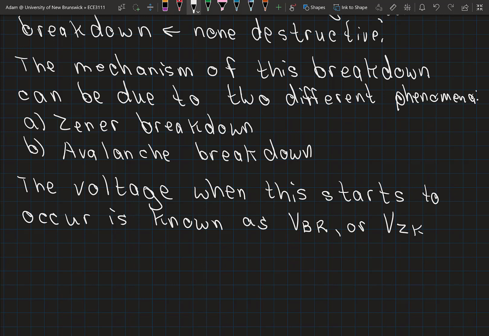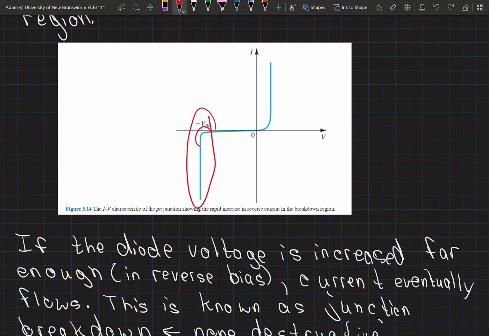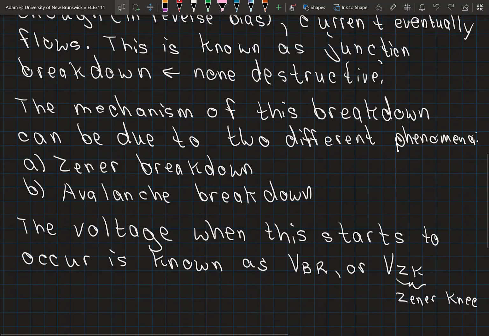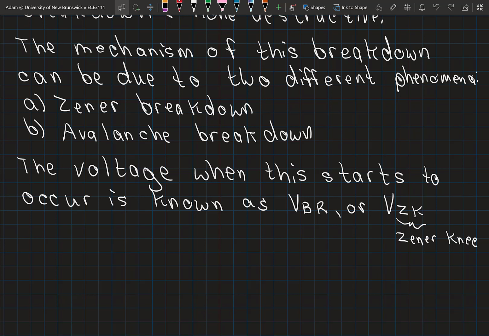You'll sometimes see that used, and the ZK refers to Zener knee, so kind of that knee on the curve here, and hence the name Zener knee, or V subscript ZK.